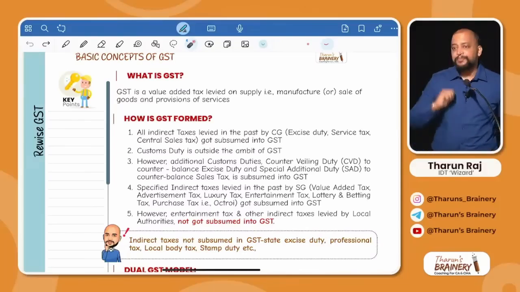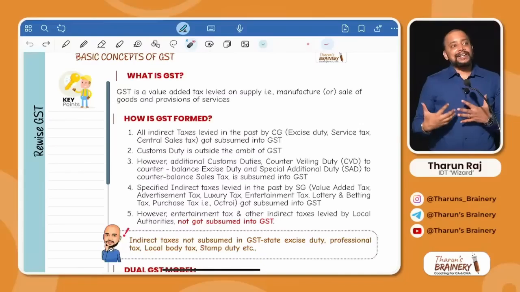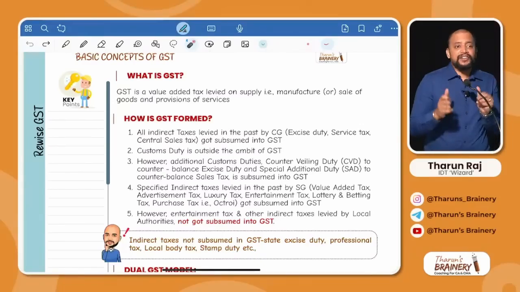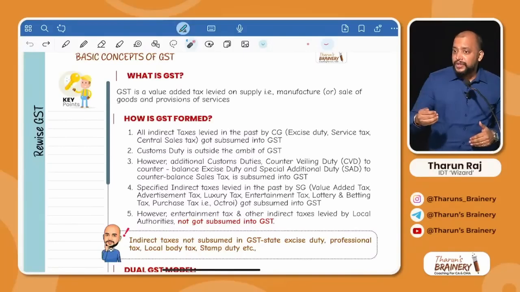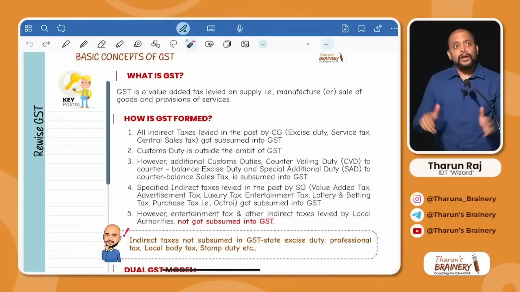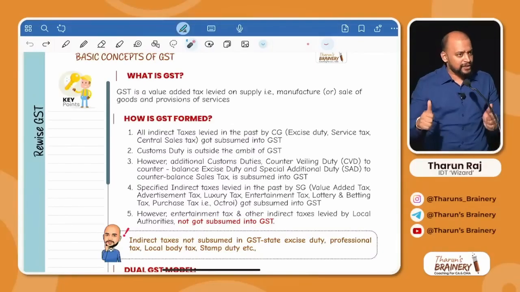So one event will happen, and on happening of that event, we will be required to pay tax. That is called event based tax or taxable event. Is it clear? Now, even indirect tax is like that only. In the past we had a lot of indirect taxes like excise duty, service tax, sales tax, etc., and all those are also the same. When an event happens, that particular tax gets attracted. Got it?